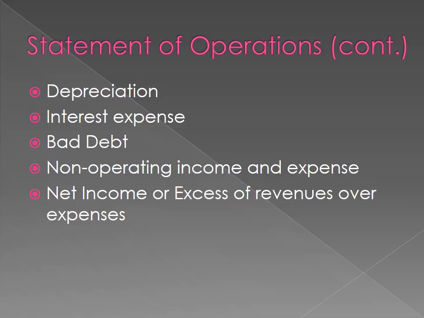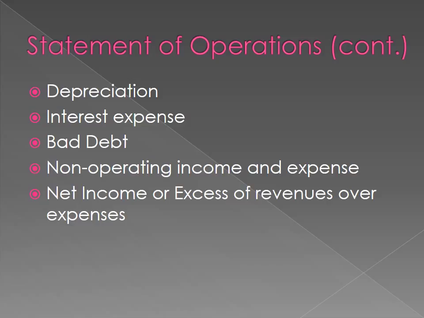And we just take the cost of that particular item and divide it by the number of years of life that is given to it, and that's how we determine the depreciation for that particular item. We then add up all the depreciation, again divide by 12, and that's the monthly depreciation, and that's recorded then in the statement of operations.